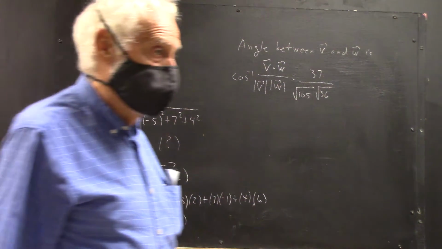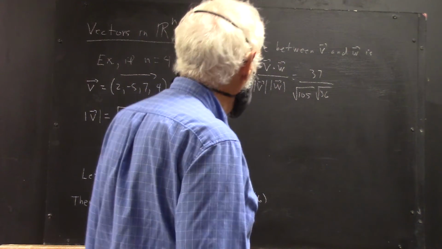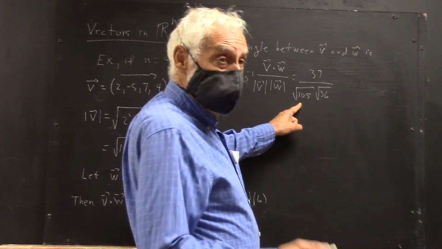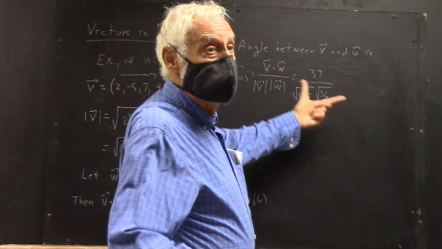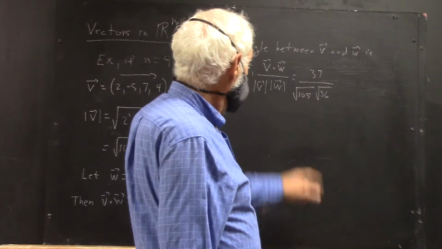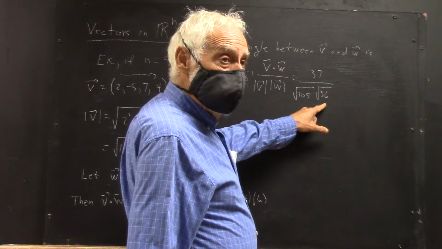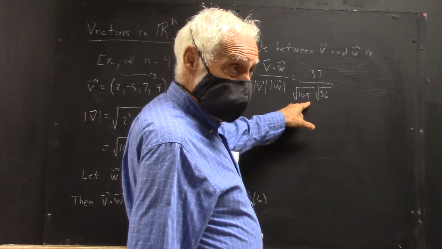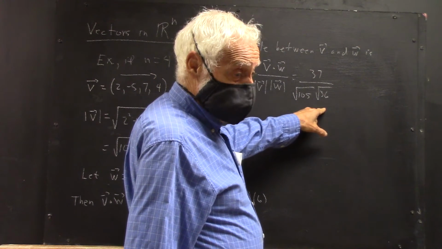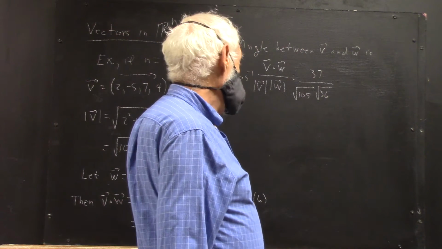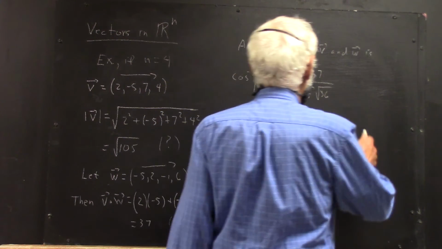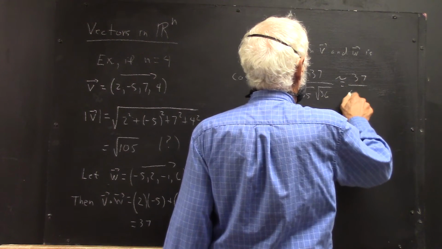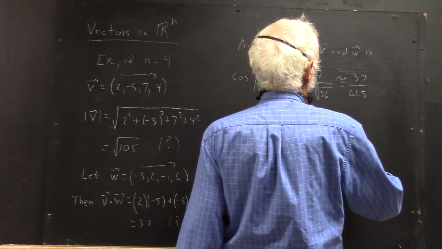Now, two ways I can do this. But the square root of 105 is pretty close to 10 because 105 is pretty close to 100. The square root of 36, of course, turns out to be 6. So what we get is about 60 here. This is about a quarter of the way to 11. And a quarter of 6 is 1.5, so I'm going to say that's about 61.5. Approximately equals 37 over 61.5.